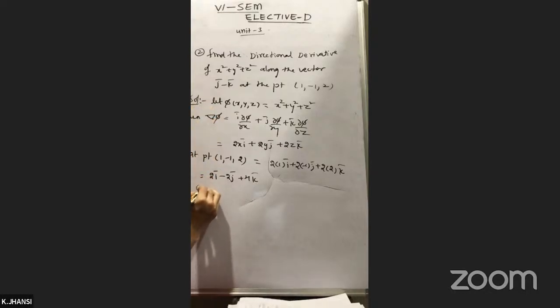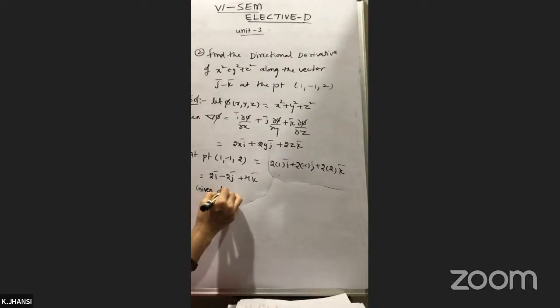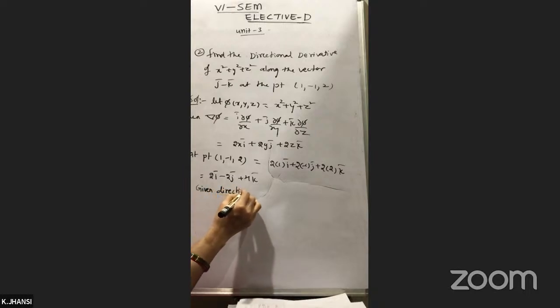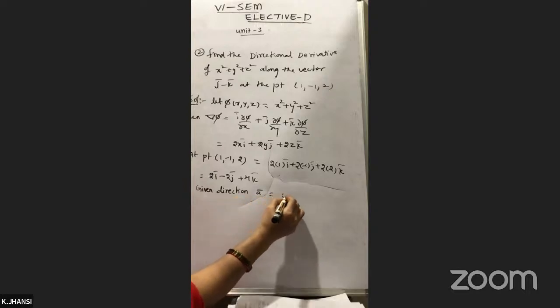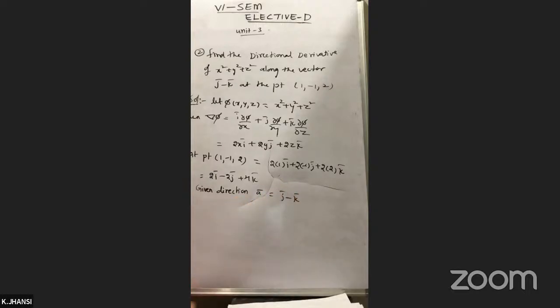The given direction is vector A equals j - k.